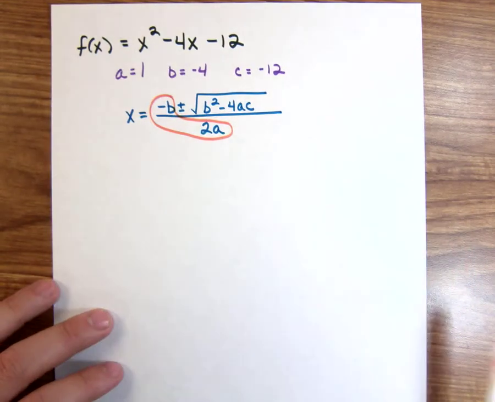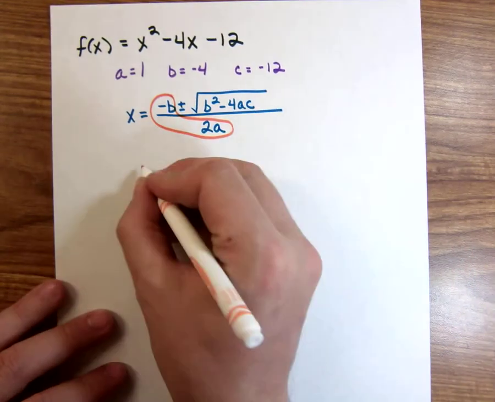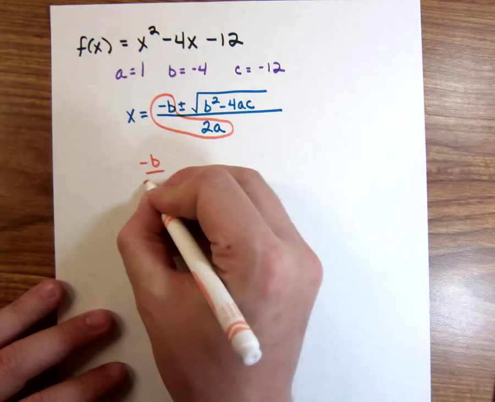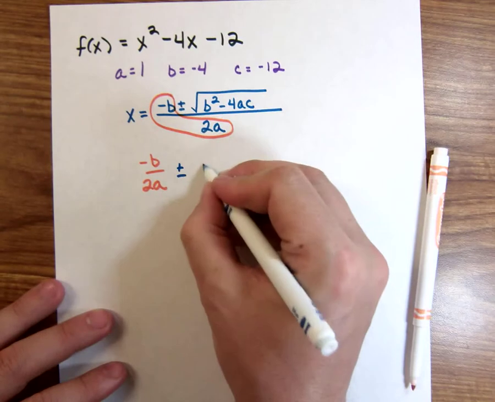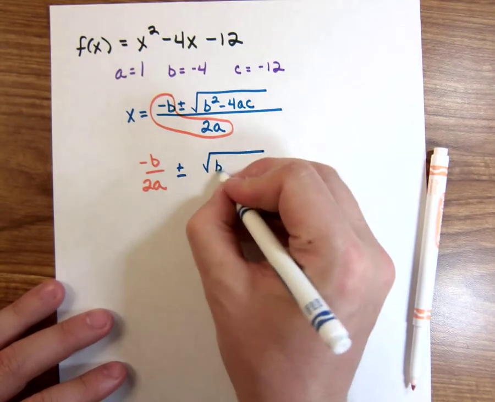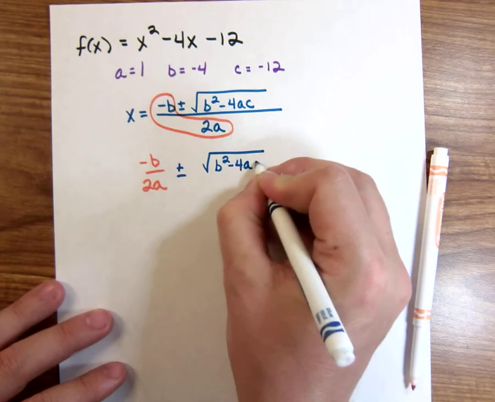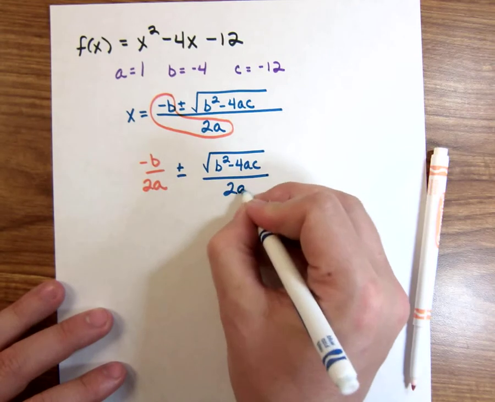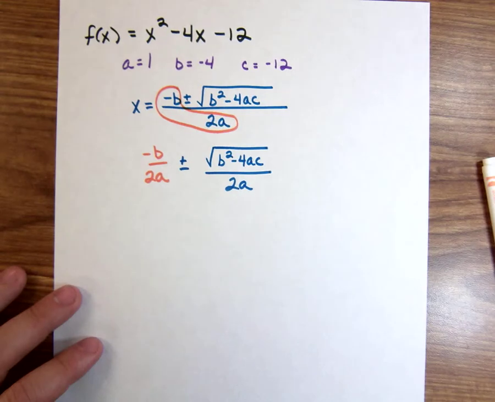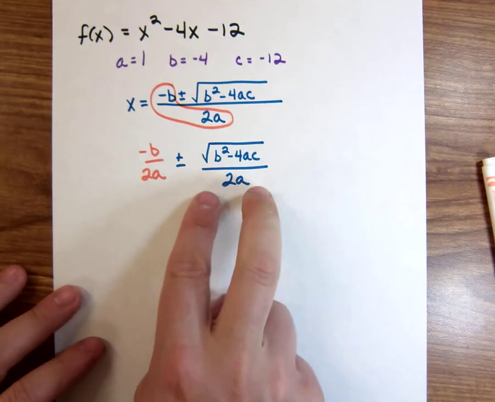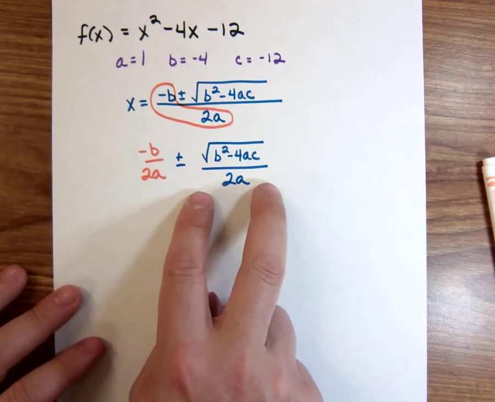I could separate the quadratic formula like this. I could do -b over 2a plus or minus the square root of b squared minus 4ac over 2a. If I separate it into 2 different fractions, I could do it that way, right? This is saying add and subtract this much when you do the graph.